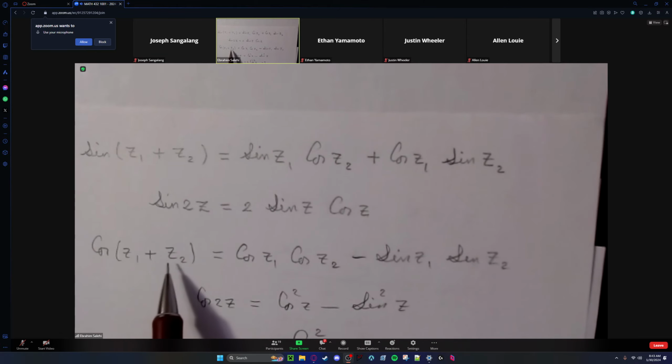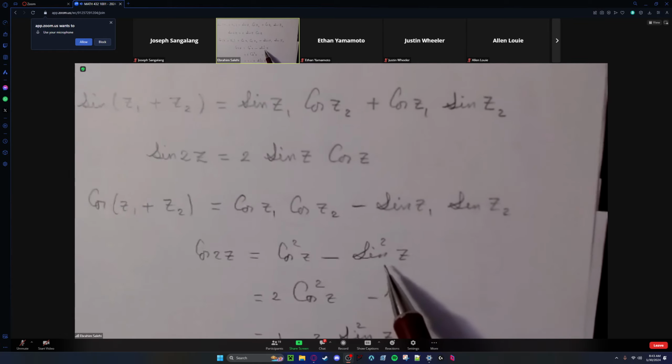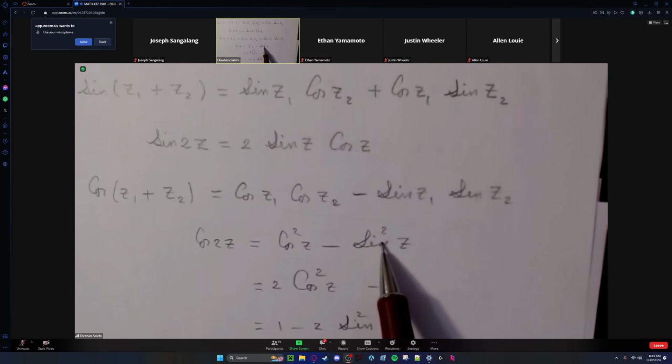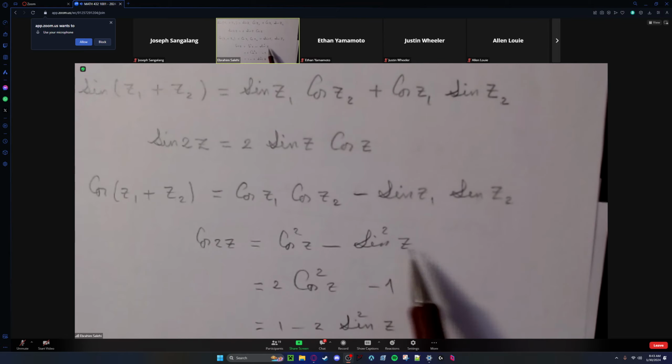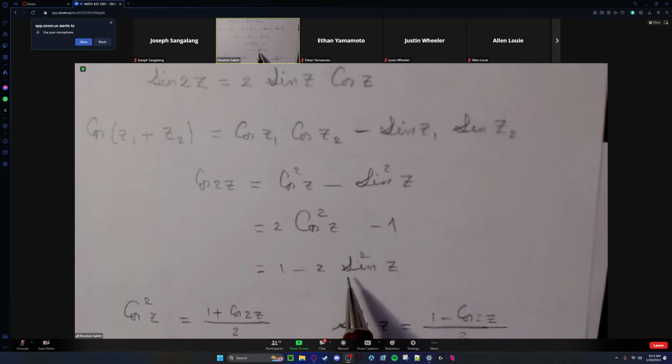What happens if z1 and z2 are the same? You get cosine of 2z. Here you get cosine squared. Here you get sine squared. Well, we can replace sine squared by 1 minus cosine squared. You get this one. Or you can express everything in terms of sine. You get this one.